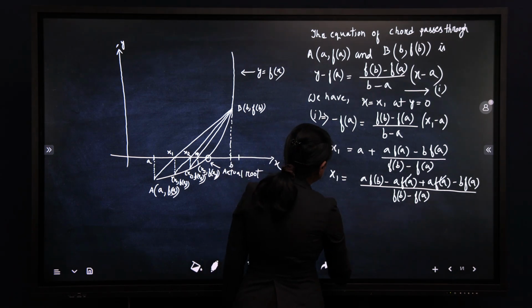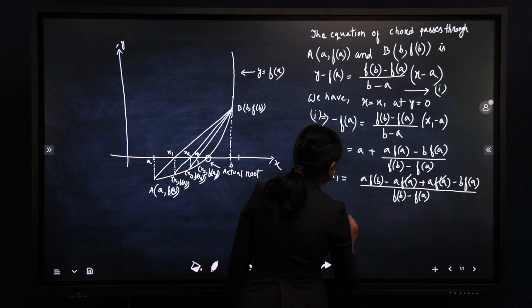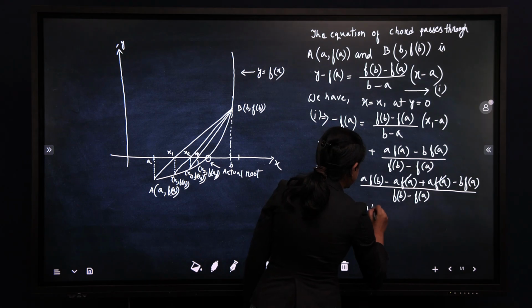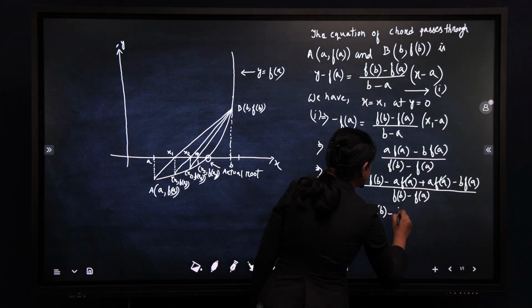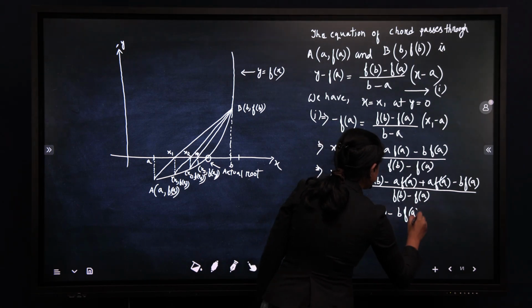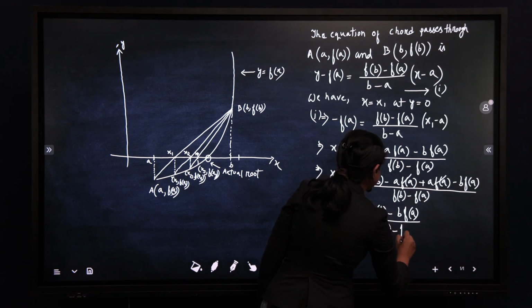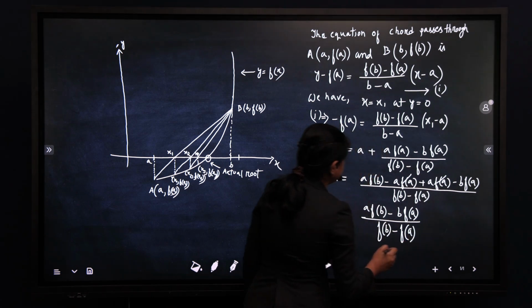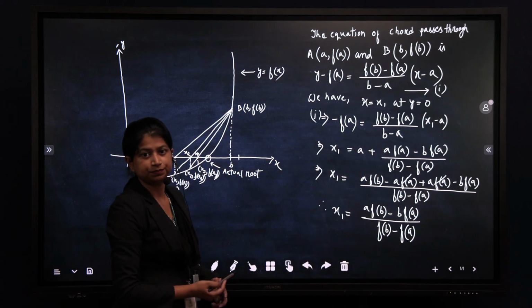So what you will get is A f of B minus B f of A by f of B minus f of A. This is the first approximation.